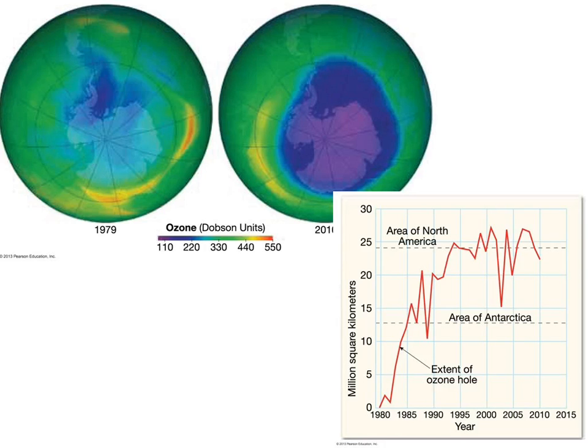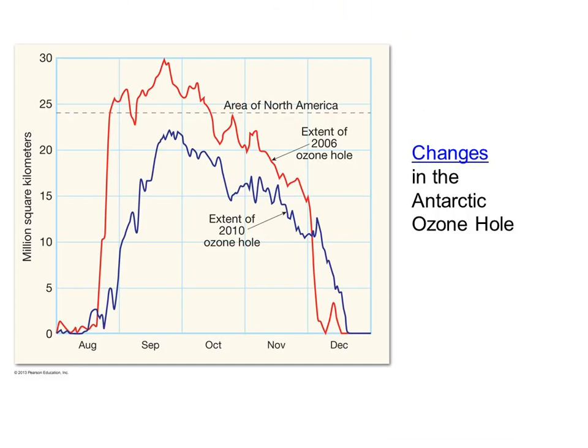What blue means is that it's depleted. The O3 is depleted in an area. This figure from your textbook compares how large the hole is, 4 years apart.